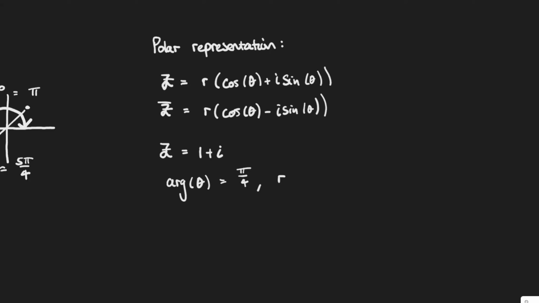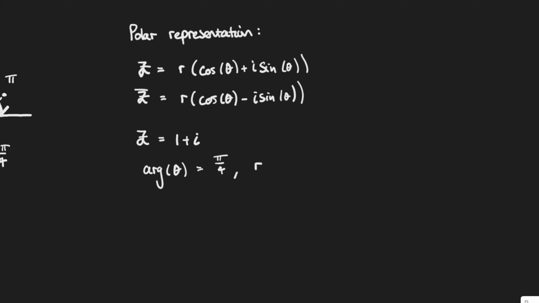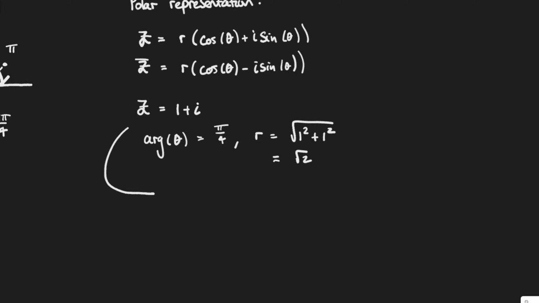So r is going to be equal to the square root of 1 squared add 1 squared, which is root 2. Therefore, this complex number can be written as root 2 cosine pi over 4 add i sine pi over 4, like so.